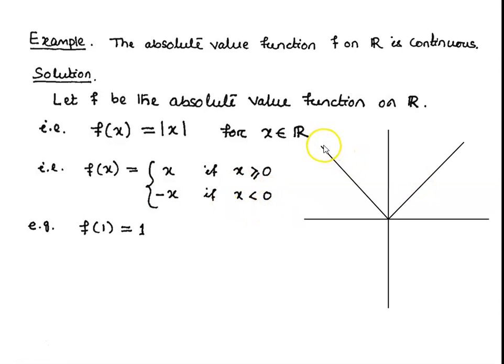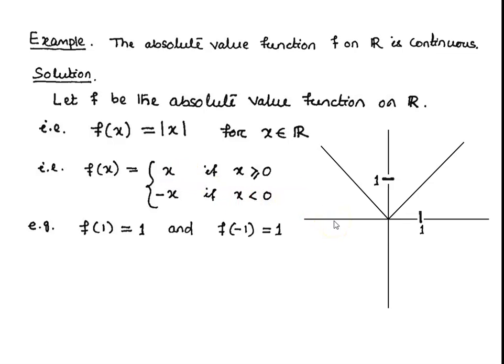Graph of the absolute value function looks like this. Because as per the definition of f of x, if x is equal to 0, then f of x is 0. If x is equal to 1, then f of x is also 1. Because if x is 1, that means x is greater than or equal to 0, f of x is 1.